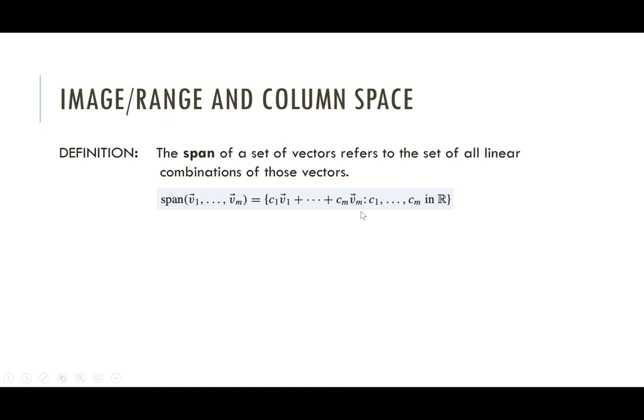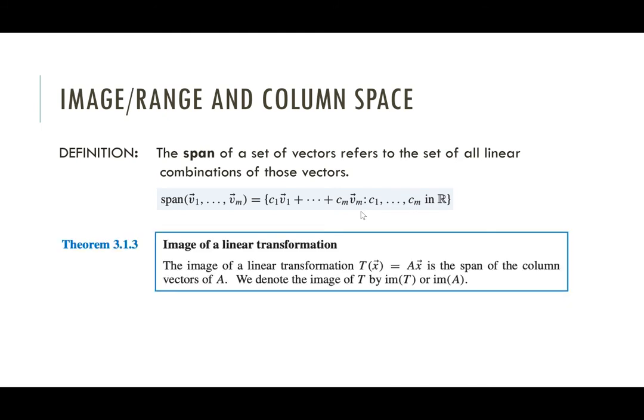Okay. And now it is a theorem that the image of a linear transformation, that is the range of your matrix, is the span of the column vectors of the matrix. So some books start with just this notion of the column space.